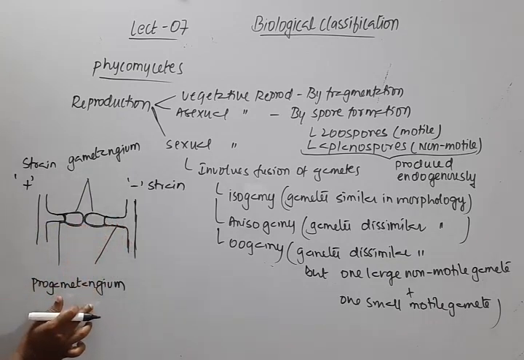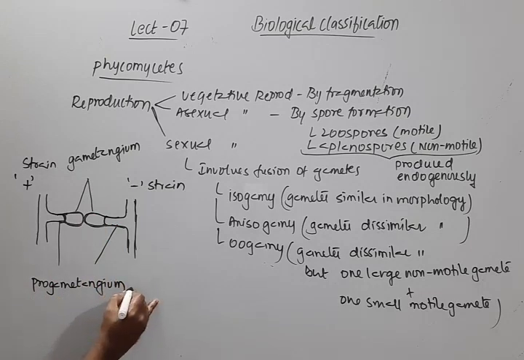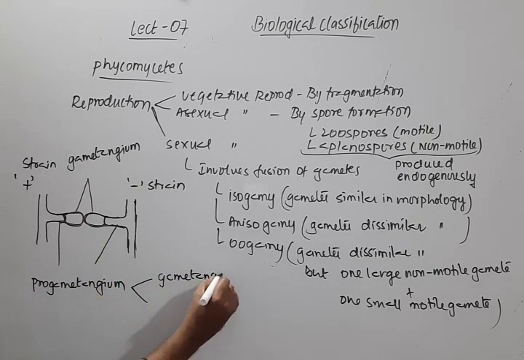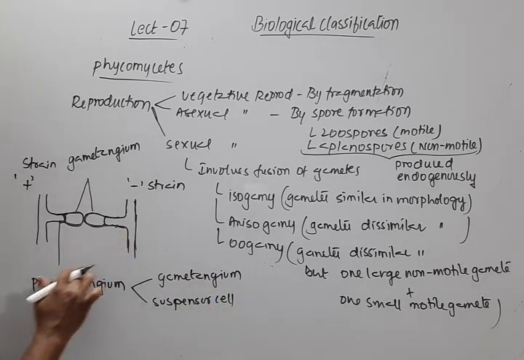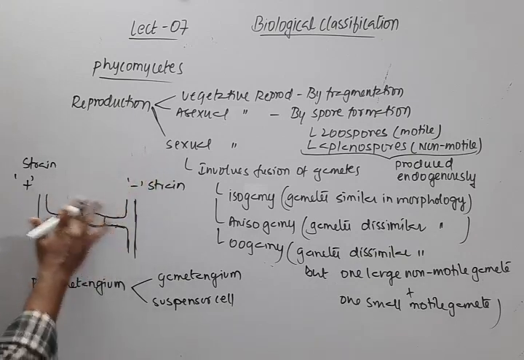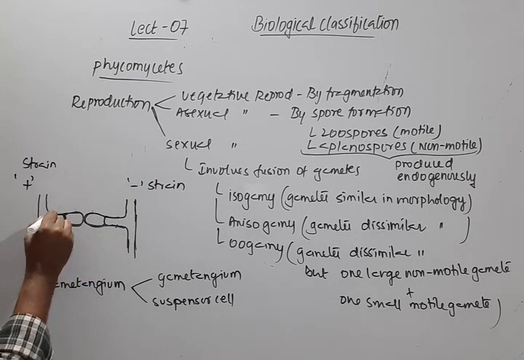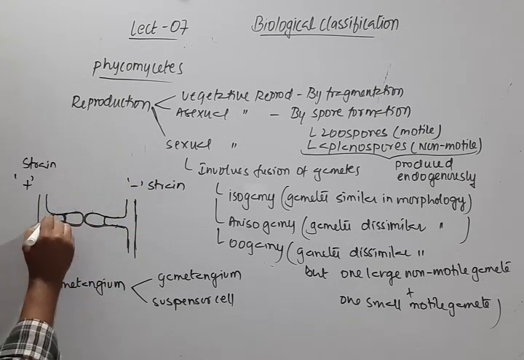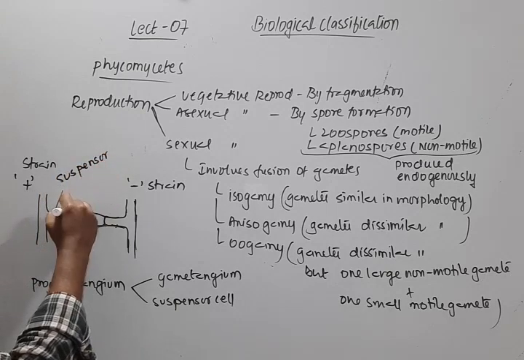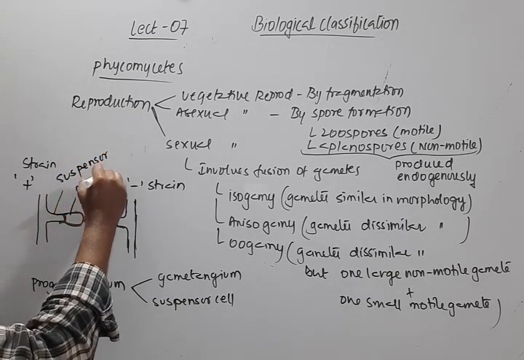So this progametangium will later differentiate into a gametangium and a suspensor cell. This is the suspensor and this is the gametangium.